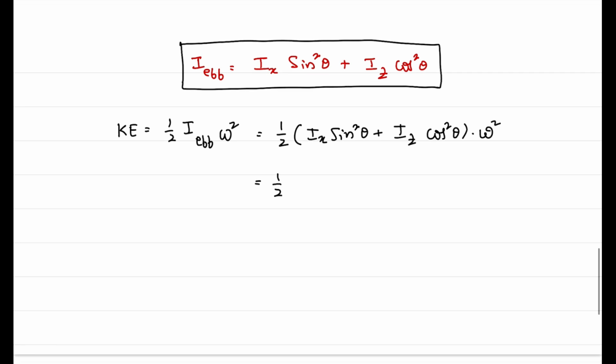What is the value of Ix? Ix we have found as 1 by 4 mr square from the geometry.